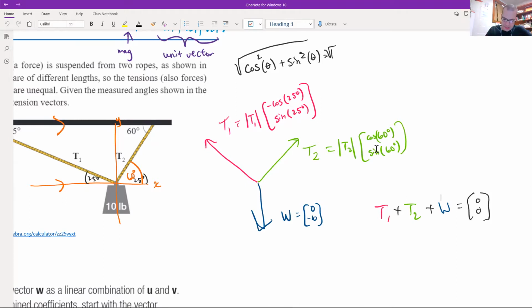So the idea here is that we could write it out in a vector equation, but essentially what we have is a vector equation with two unknowns, and we could treat that as a system of equations with two unknowns.